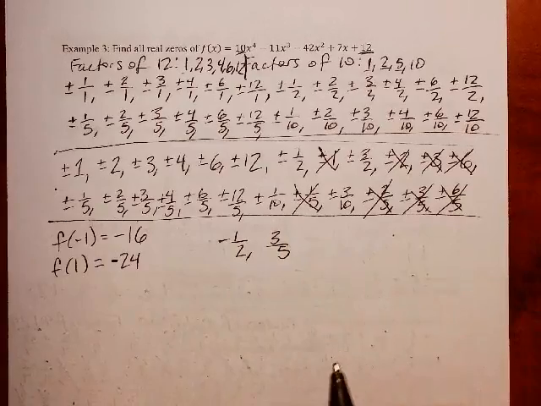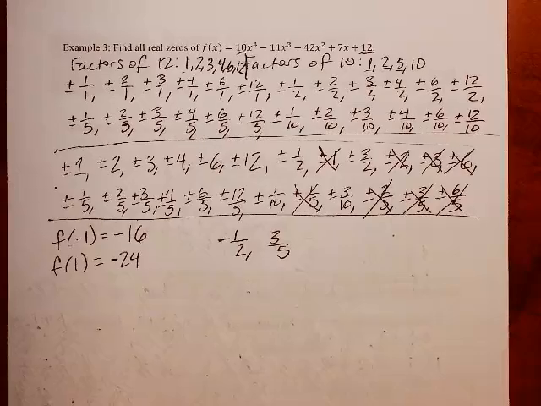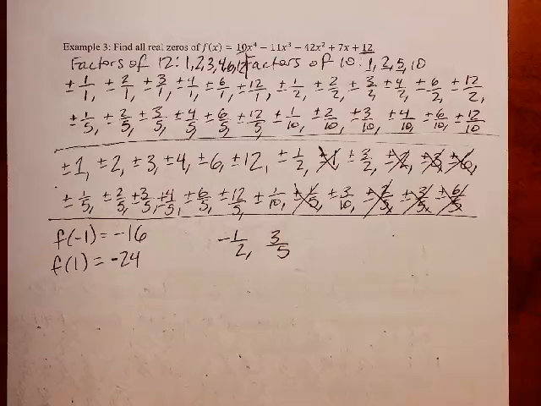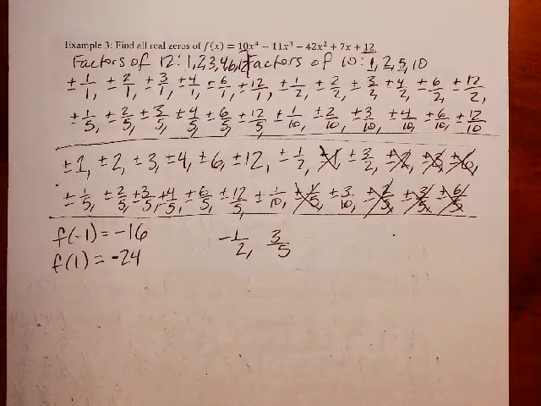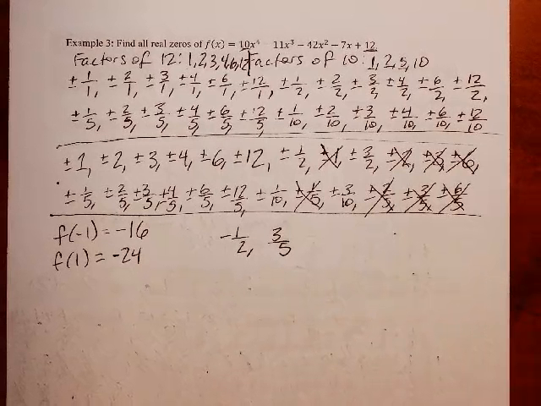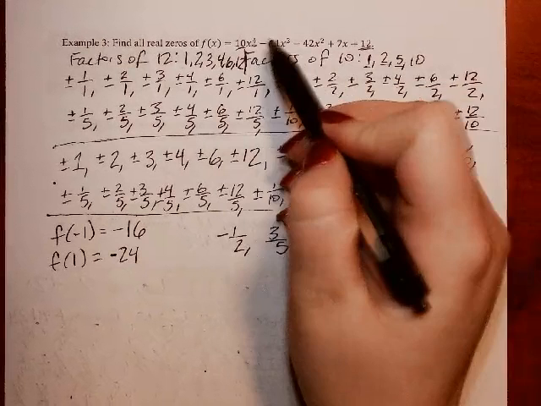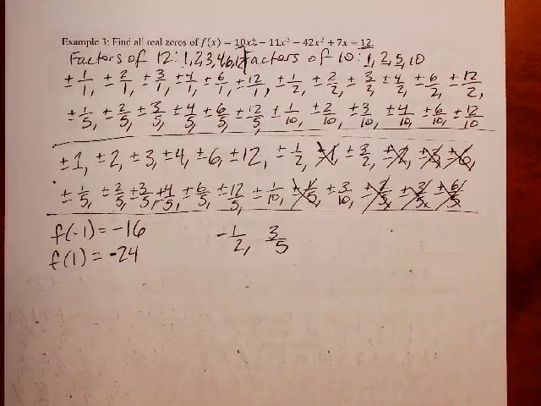So 3/5, negative 1/2. So those are our two rational zeros. And then we'll have two more other zeros. So if we try all of these, those are our two rational zeros.